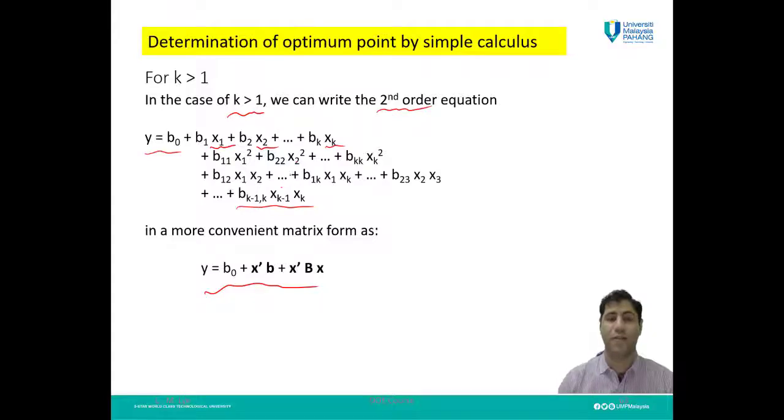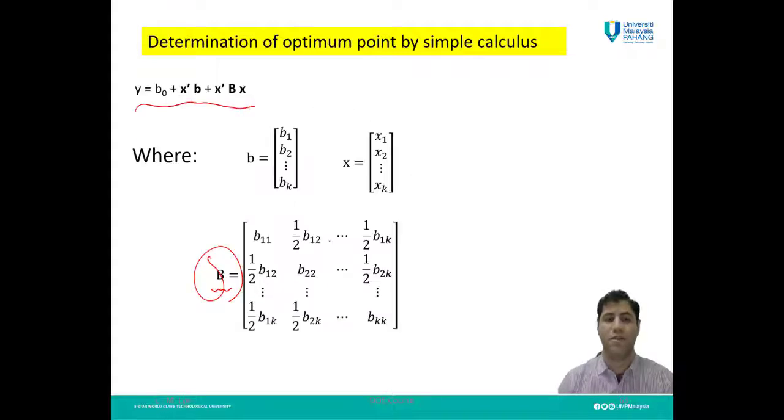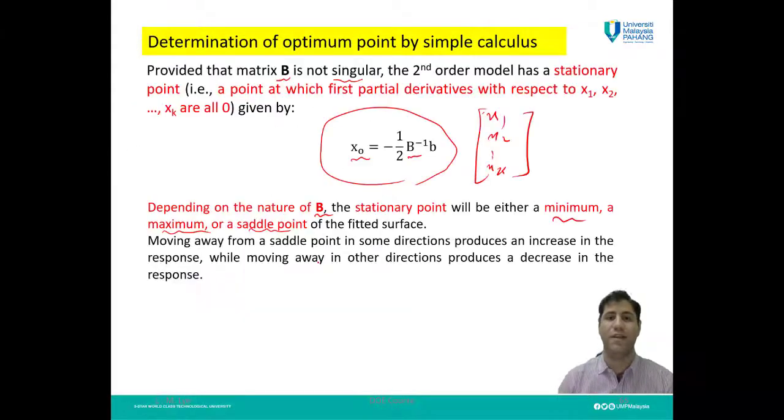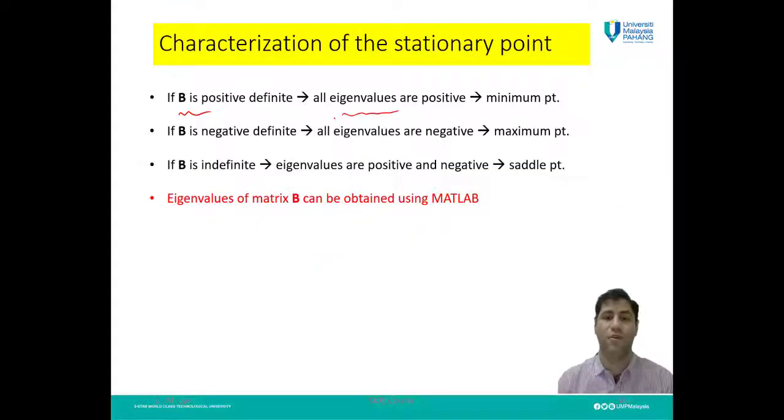We have the independent variable and dependent variable. How to solve this and how to find the extremum or stationary point for that second order model with k independent variables.